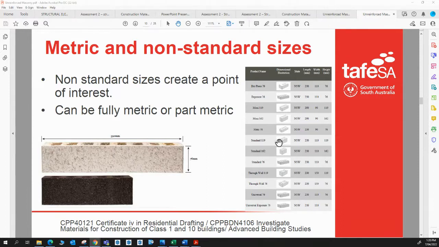And as we can see on the right hand side here, for this range of products from a brick supplier that deals in non-standard sizes, we've got some 290s by 90s.